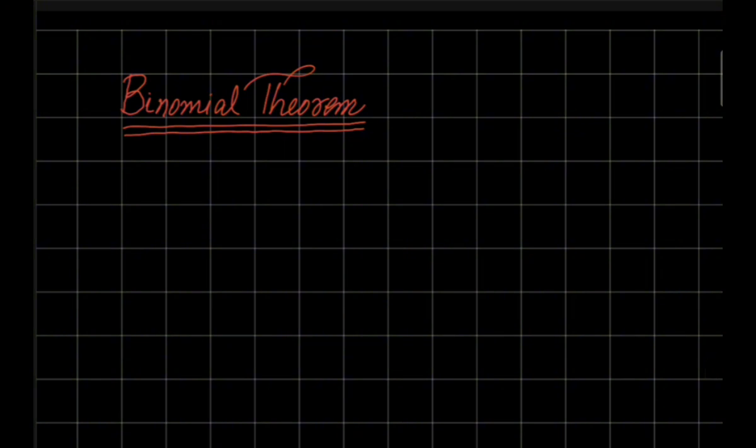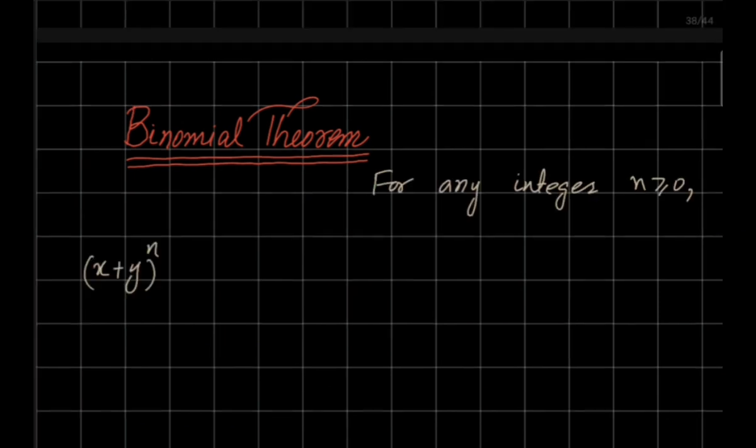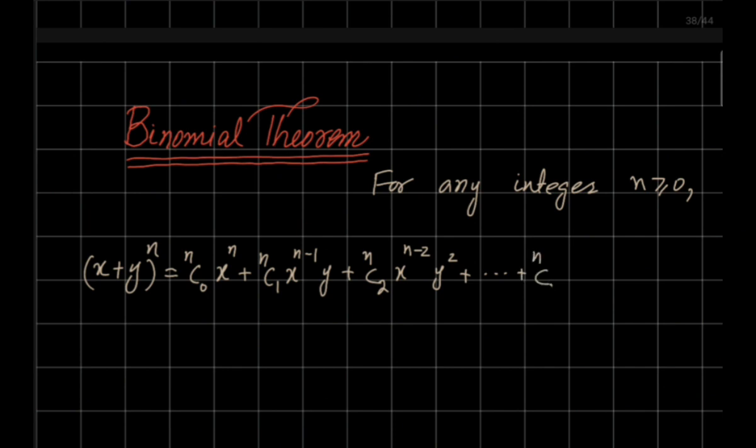The binomial theorem states that for any positive integer n, we have (x plus y) to the n is equal to nC0 x to the n, plus nC1 x to the n minus 1 y, plus nC2 x to the n minus 2 y square, dot dot, nC(n minus 1) x to the 1 y to the n minus 1, plus nCn y to the n.